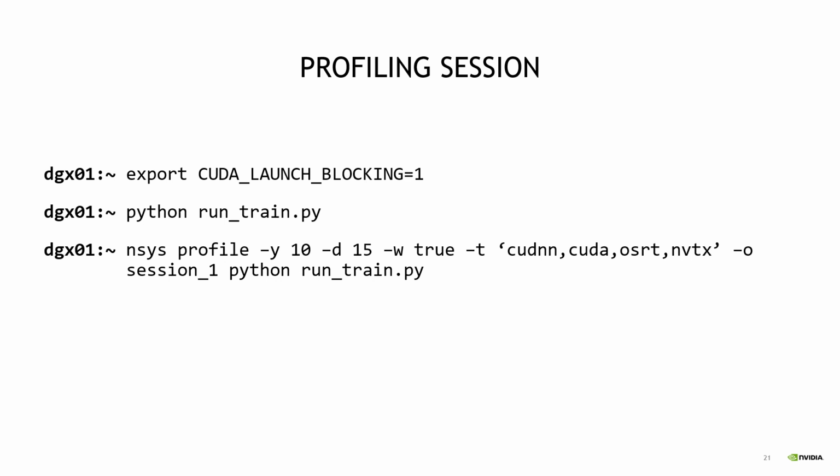It's good practice to block the asynchronous threads and make them all synchronous while profiling your application. You can test your application with python run_train.py just to check that everything is okay, and then launch your profiling session. So you prepend the python run_train.py command with all the options of Nsight Systems.